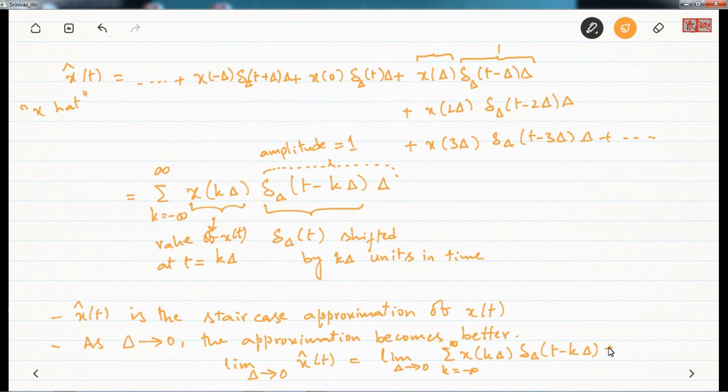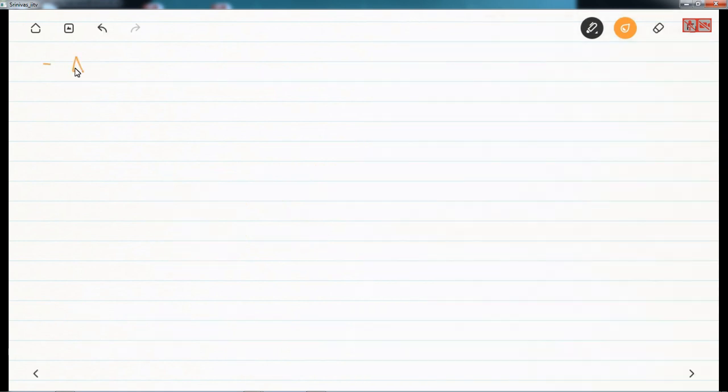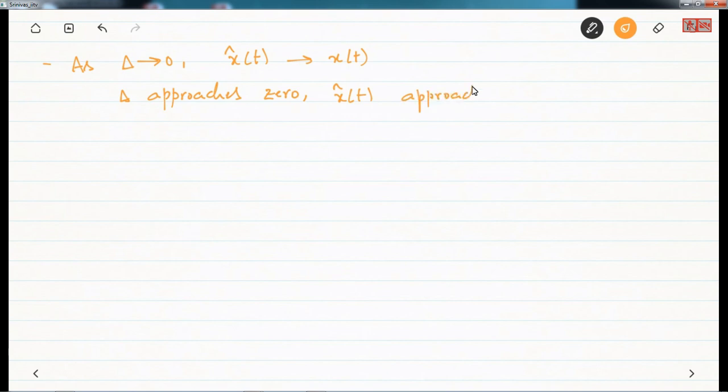So this entire signal becomes almost equivalent to x of t, right? As delta approaches 0, x hat of t approaches x of t. That's what I'm trying to say.